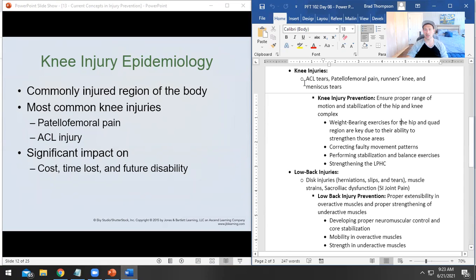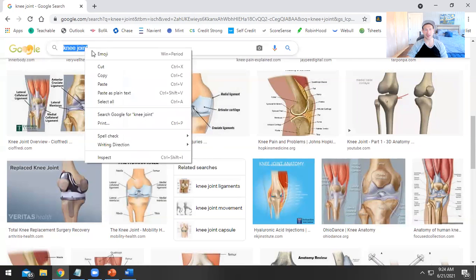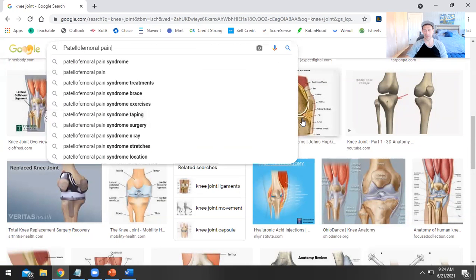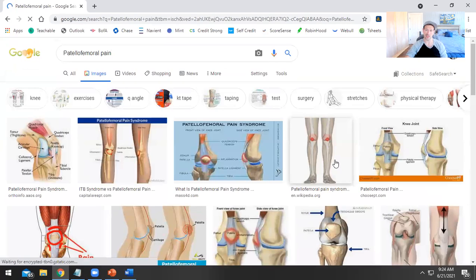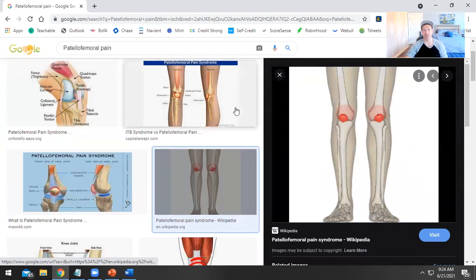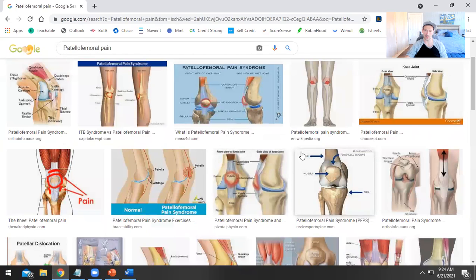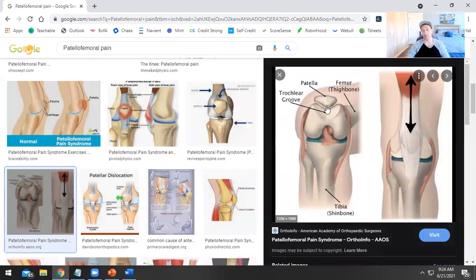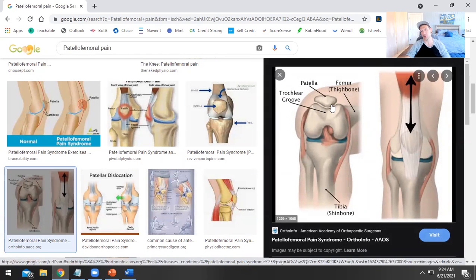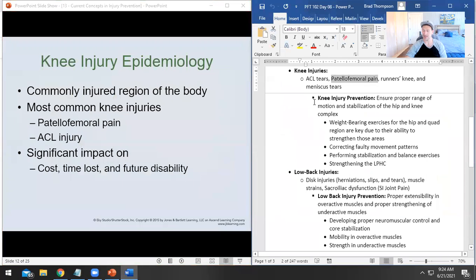Most common are going to be general patellofemoral pain. That is basically going to be poor patellar tracking, where your actual kneecap is not moving the way it's supposed to, so it starts grinding. It sits in this little groove that I'll show you here in just a second. But if this is tracking improperly, you'll get patellofemoral pain. And then we've got ACL tears.